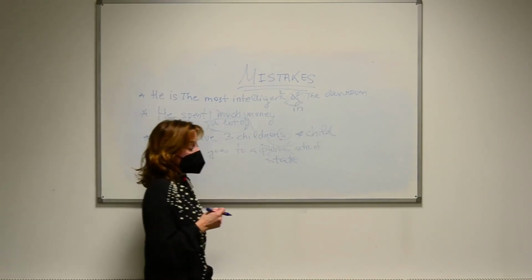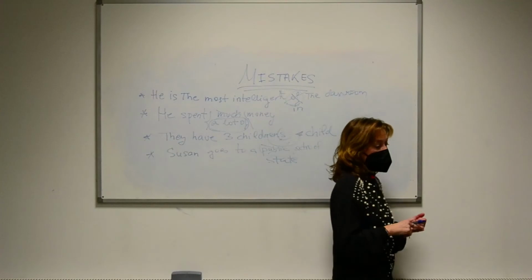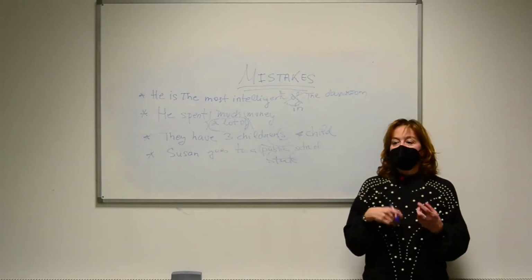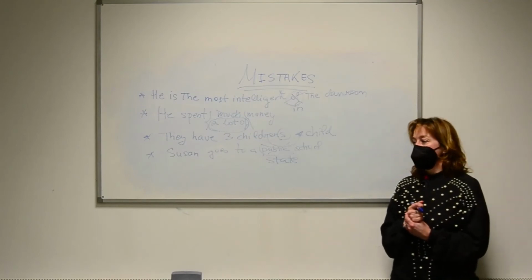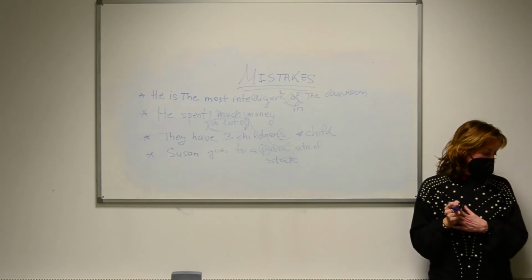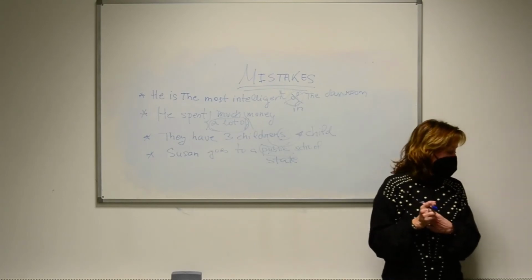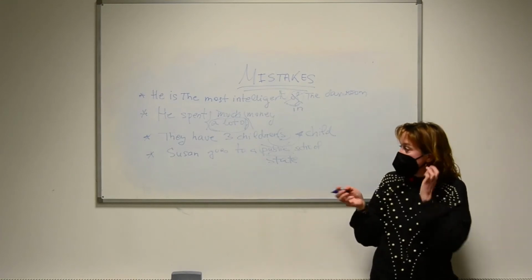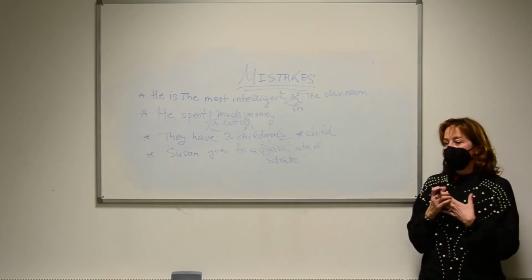There exist many other mistakes that are related to grammar, mistakes related to vocabulary, mistakes related to spelling, in which we spell the words wrongly, and related to other aspects of the language. But now, these are some mistakes that you should take into account.